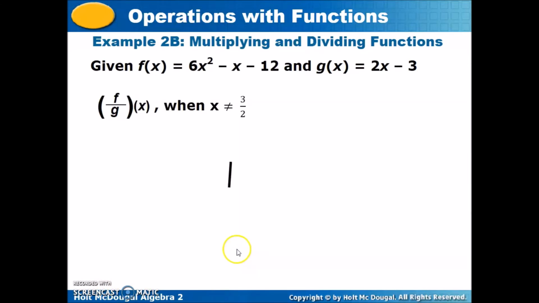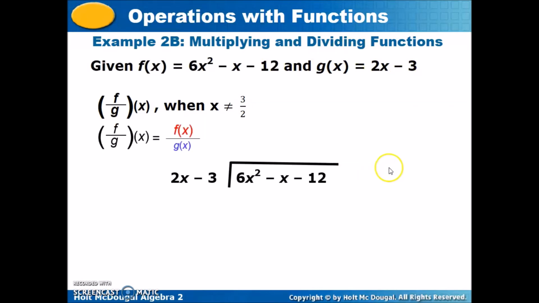All right, the next one is division. So we've got f of x over g of x, right? So that's what we're going to do again. We're going to divide this 6x squared minus x minus 12 by 2x minus 3. So I'm just going to put those into long division. And if you guys recall, the way we do this is we take our 6x squared and we divide it by our 2x, right?